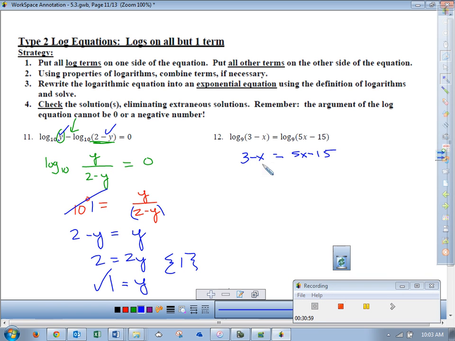And then add x, 3 equals 6x minus 15. Is that right? Add 15 to both sides. 18 equals 6x. Yes? X equals 3. Check in. What's 3 minus 3? 0. Good or bad? That's bad. No solution.